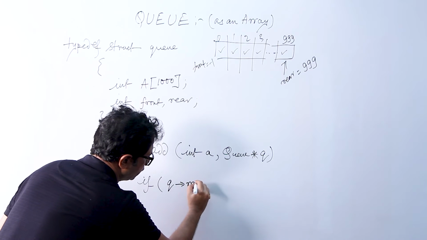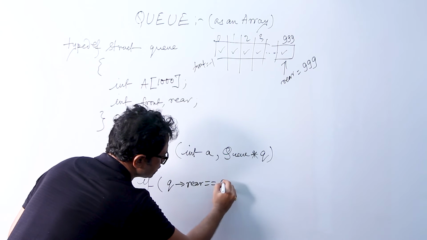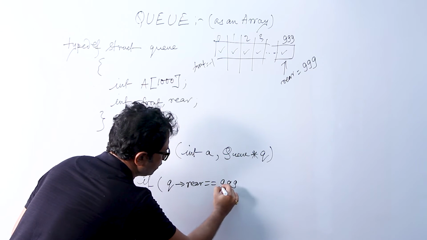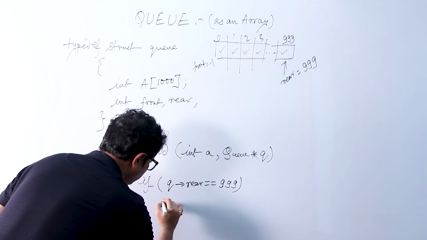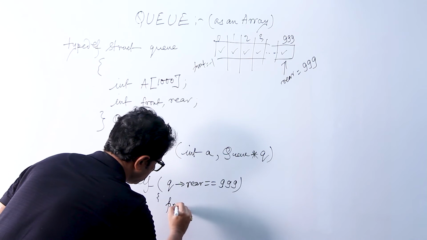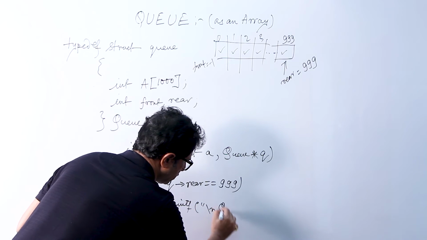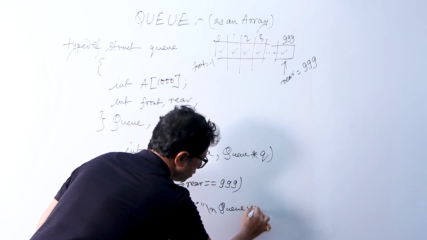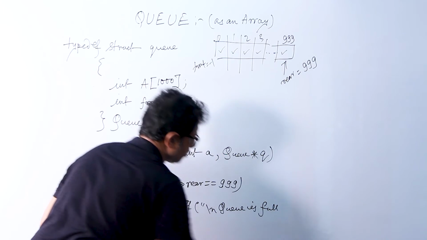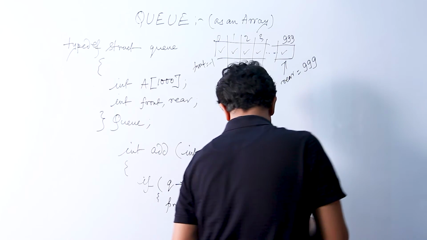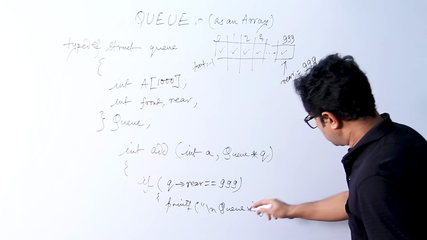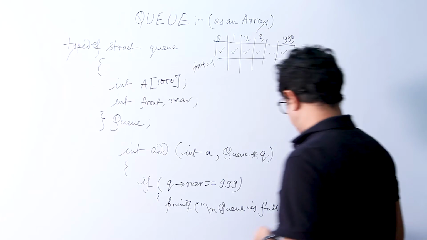q arrow rear equals 999, then we will print "q is full", or whatever you can think of writing, like addition is impossible, q overflow, anything of your choice.